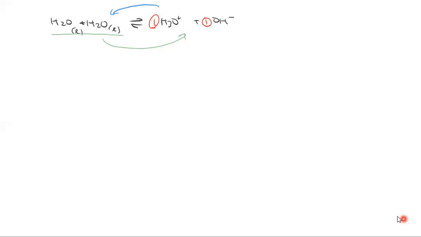So as a result, the number of H3O+ must always equal the number of OH-. Does that make sense? And so that means the concentration of H3O+ will always equal the concentration of OH-, which therefore means that water has to be neutral.